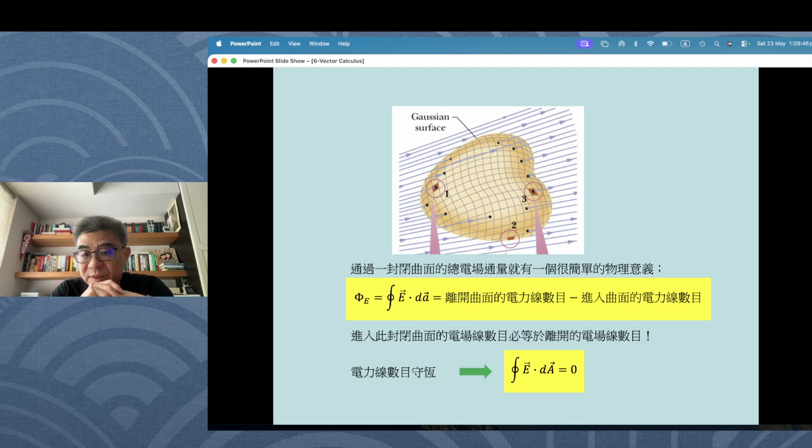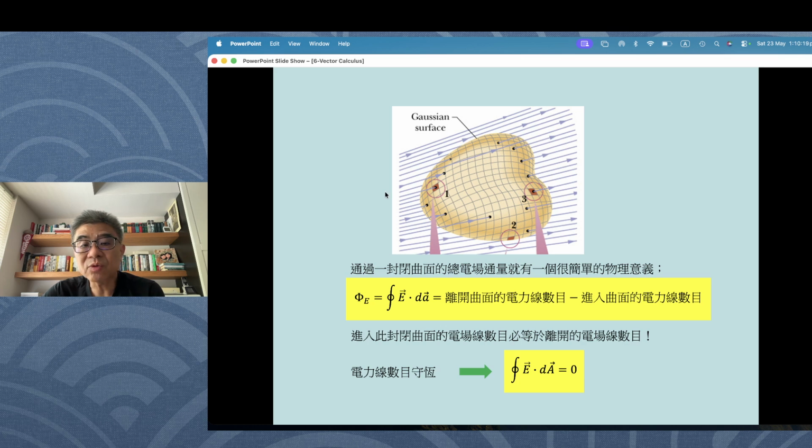Okay, so with this simple physical meaning in mind, we can derive Gauss's law very simply from physical intuition. If there is no charge inside a closed surface, usually called a Gaussian surface, then there is nowhere the electric field lines will vanish, and nowhere they will be generated.